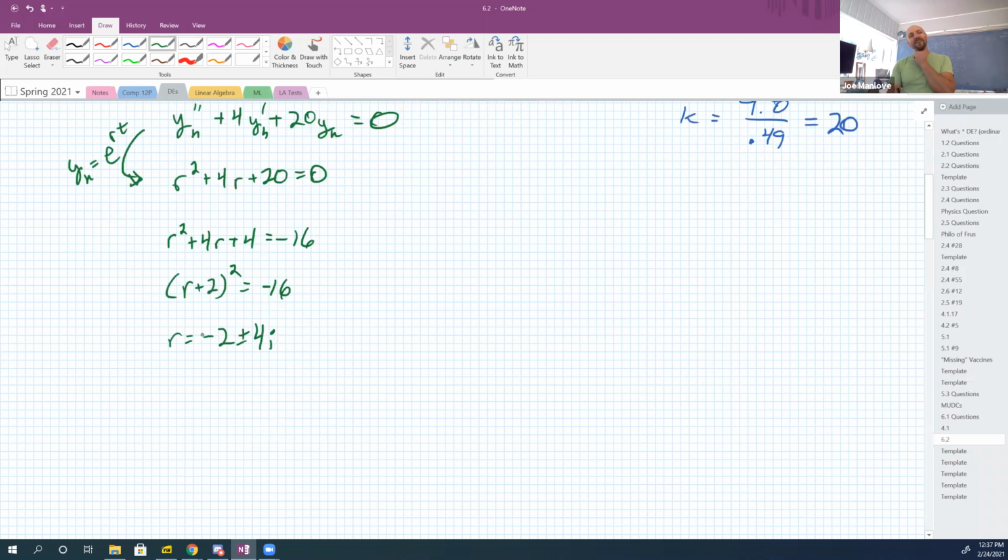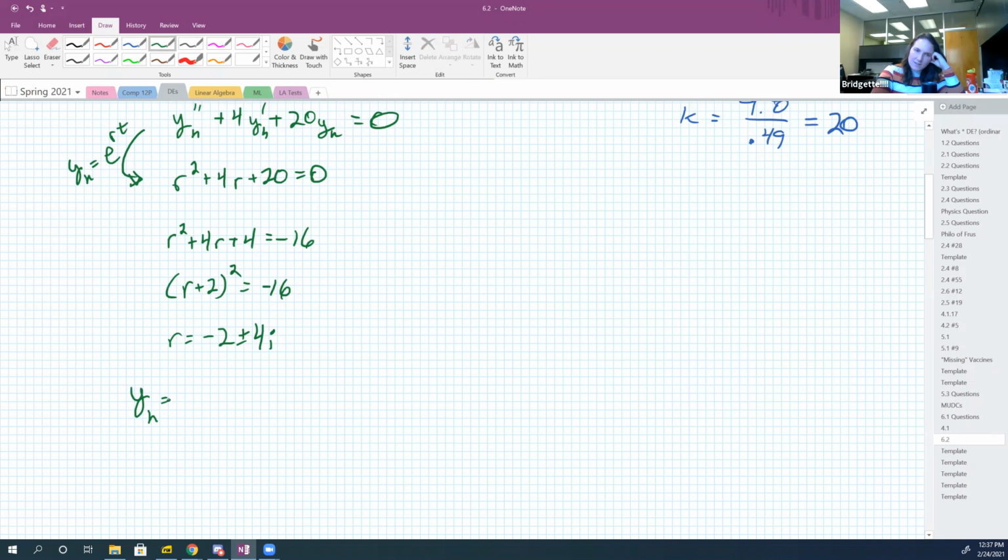All right, however you end up with this, I don't care about your technique here. I just hope you end up with this. And then what does this mean? That means yh is e to the minus 2t times cosine 4t plus sine 4t.